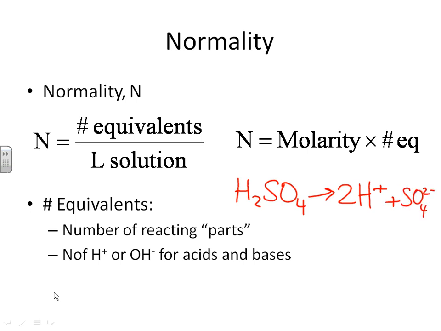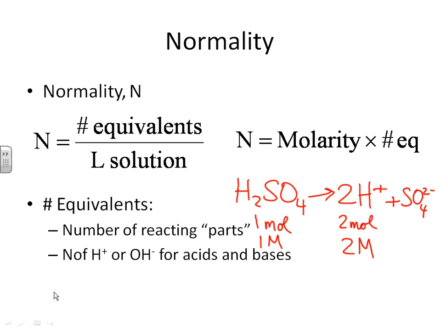This is the classic example that people use when they talk about normality: 1 mole of this makes 2 moles of this. So a 1 molar solution of H2SO4 creates a 2 molar solution of H+ ion if it completely dissociates.